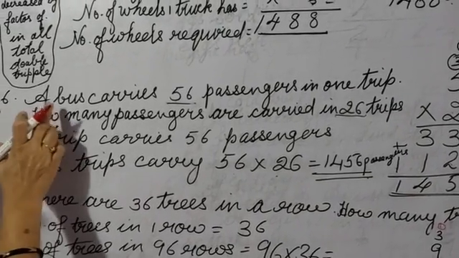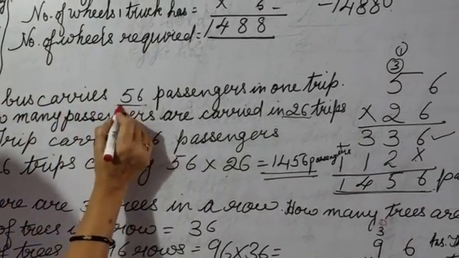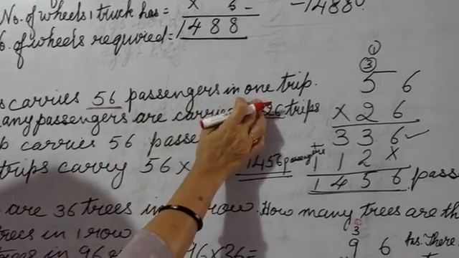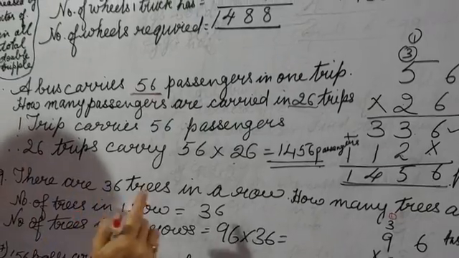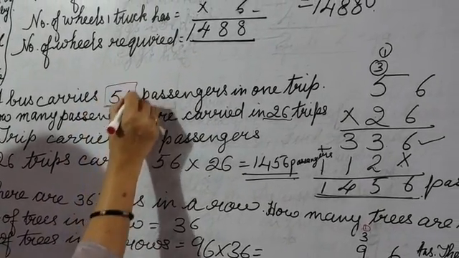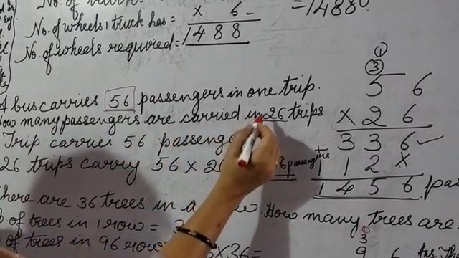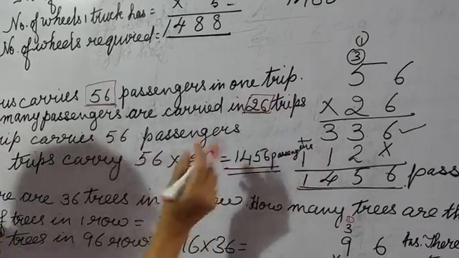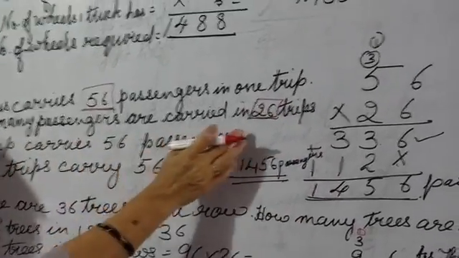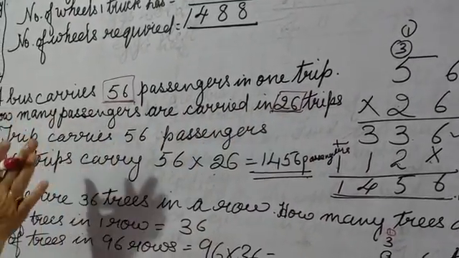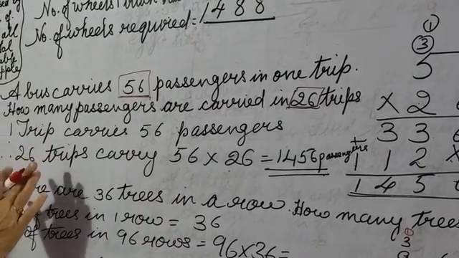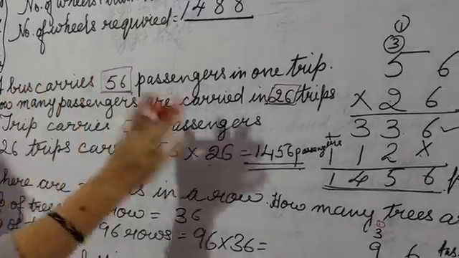Now the second sum, we come to number 6. A bus carries 56 passengers in one trip. How many passengers are carried in 26 trips? If the bus makes 26 trips, how many passengers will it carry? So what have you to do? We have to multiply.